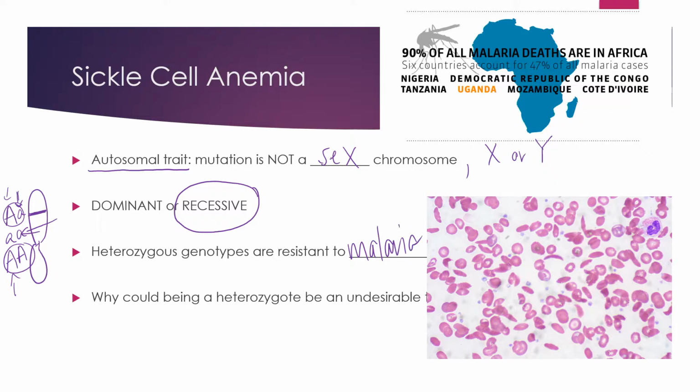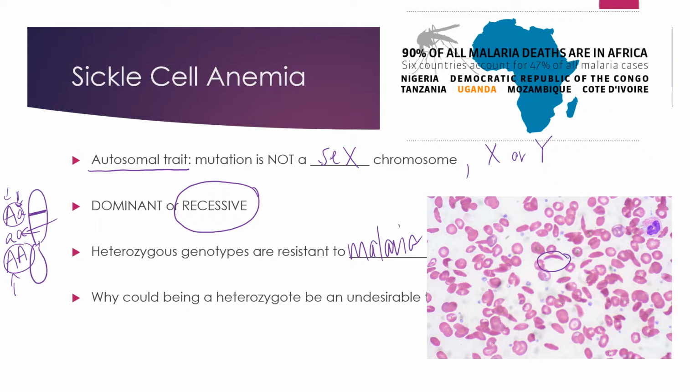So first of all, let's start off by talking about what sickle cell anemia is. If you look in this picture over here, sickle cell anemia occurs due to a faulty hemoglobin. So there's an abnormal hemoglobin, which is the protein on the red blood cells. All of these pink structures you see here are red blood cells. Within a red blood cell, we have this protein called hemoglobin, and it's supposed to carry oxygen.